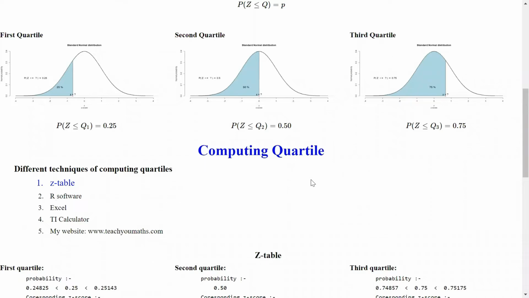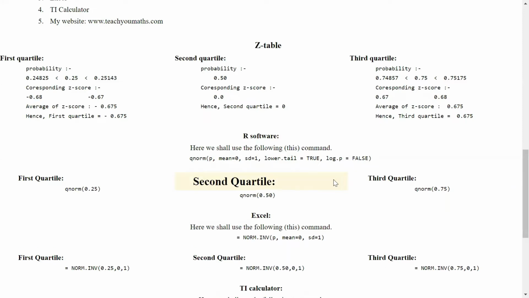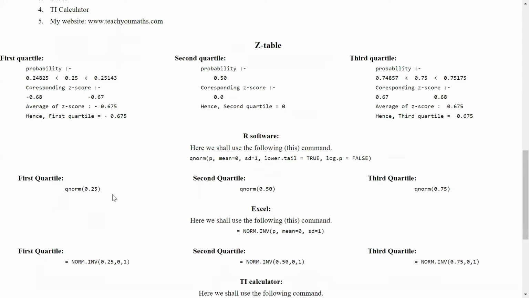Next, we shall discuss here the use of technology such as R, Excel, and TI to find the quartile. First, let's discuss R. The R command is qnorm with the arguments probability, mean, standard deviation, lower tail, etc. as shown here. In the present case, we have the command qnorm with probability 0.25 for the first quartile, 0.5 for the second quartile, and 0.75 for the third quartile.